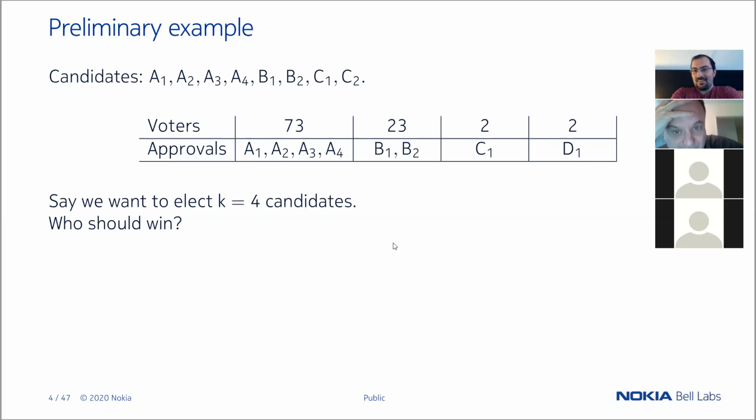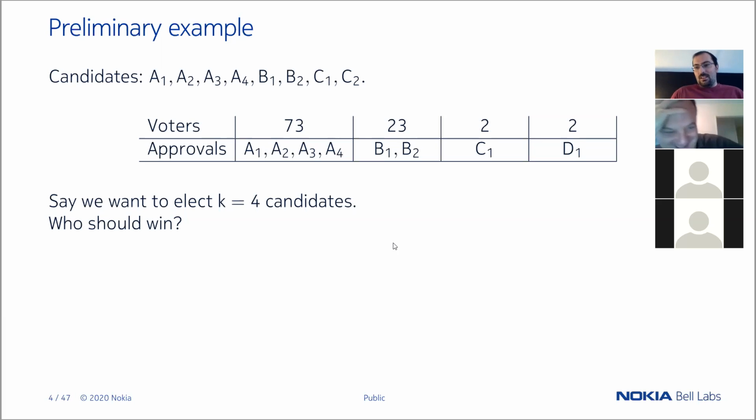Maybe we want to have B1 or B2 replacing one of the A's. Another option is to have a bit of everything so that everybody is represented, for example A1, B1, C1, and D1. But that's giving a lot of weight to the few voters that like C1 and D1. This is why I say only B1 or B2.